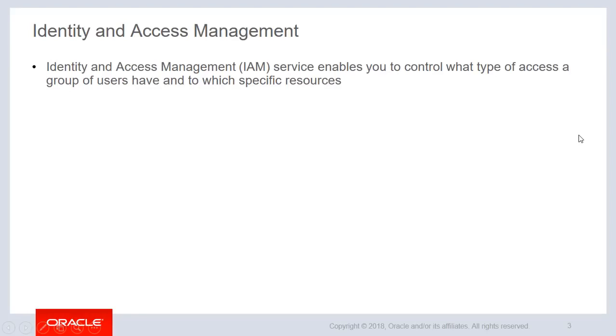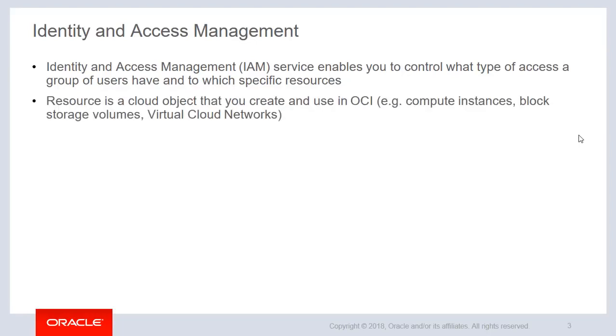Identity and Access Management Service enables you to control what type of access a group of users have and to which specific resources. A resource is a cloud object that you create and use in Oracle Cloud Infrastructure, and we will use the term OCI going forward.